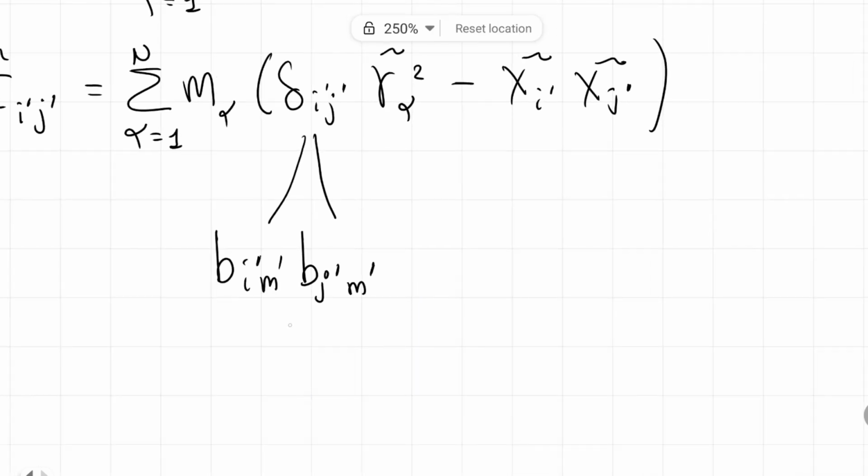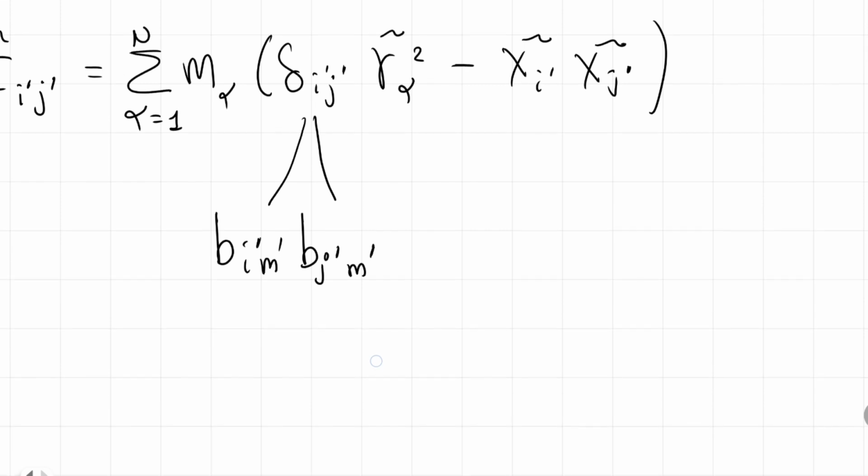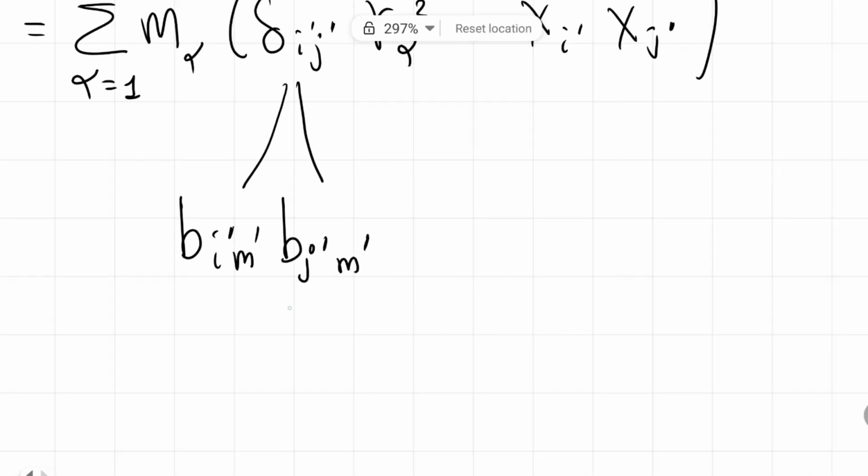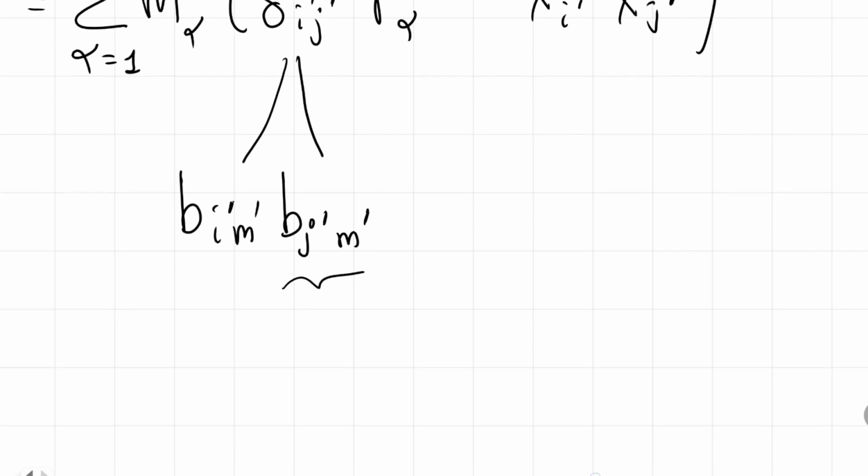Remember that these elements b represent the elements of a matrix, and that matrix is an orthogonal matrix. So if we want to express this term in a different way, for example b_mj', we will have to take the transpose of this.